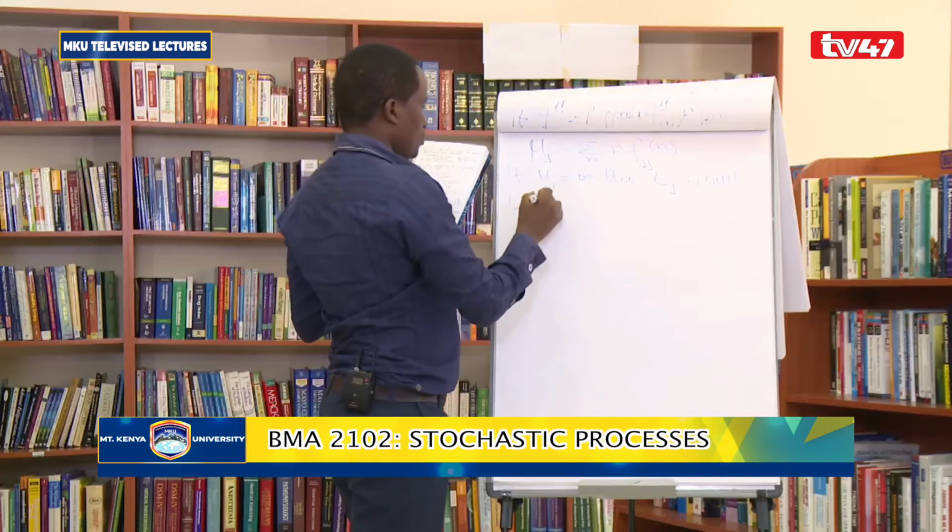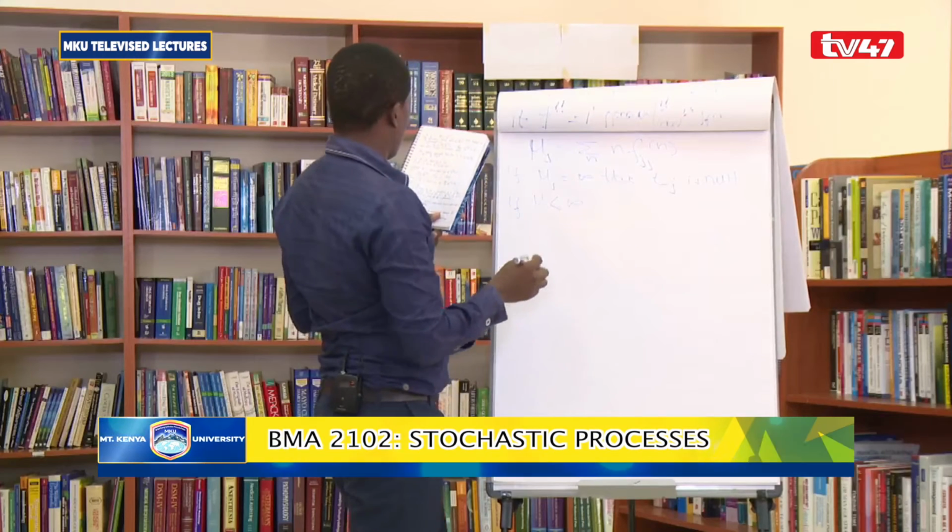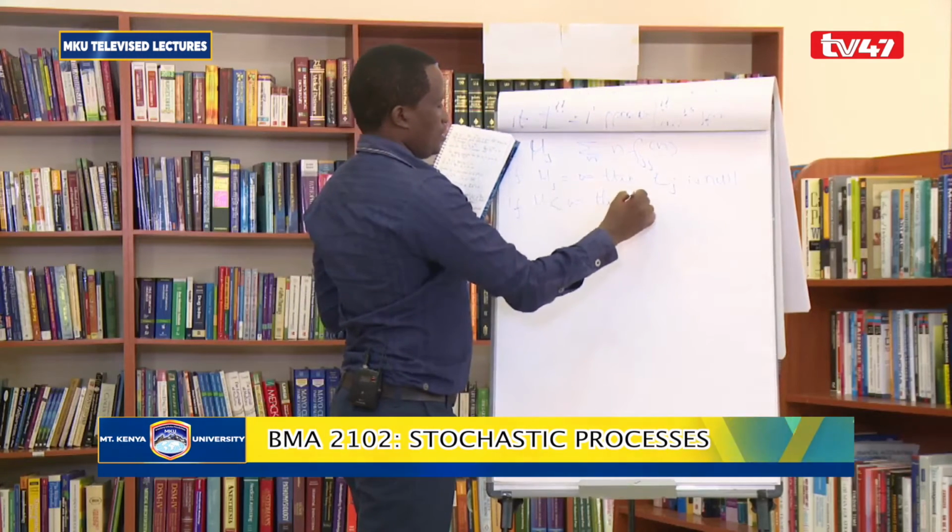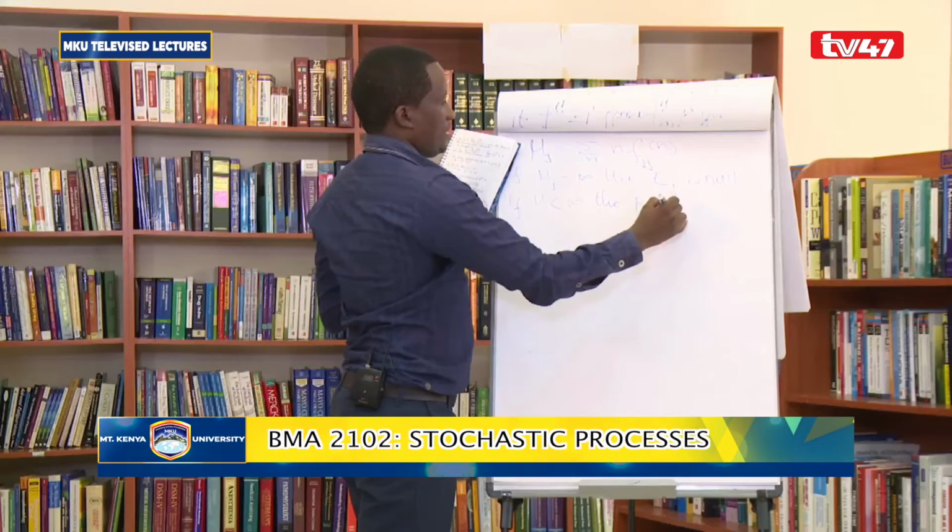If mu_j is less than infinity, then state j is non-null.